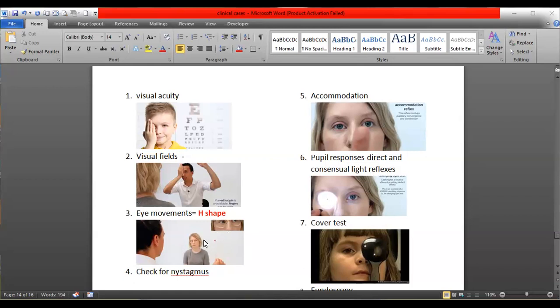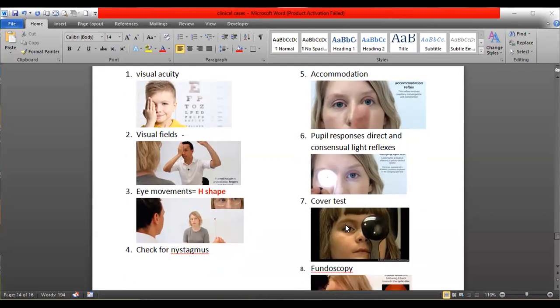Depending on the lesion of the nerve, we'll find out exactly where the nerve lesion is and why this palsy is there. Maybe third nerve, maybe sixth nerve, or maybe trochlear, the fourth nerve. Accommodation again is important. Then pupillary reflex, direct and consensual.